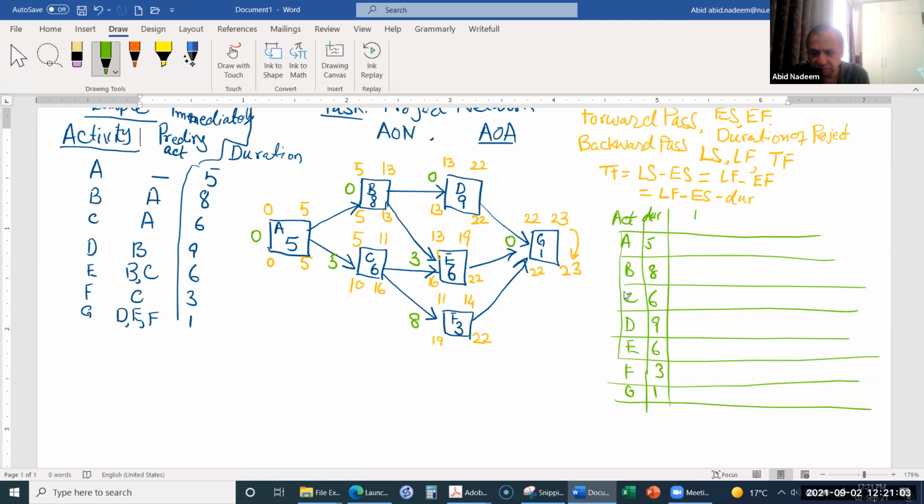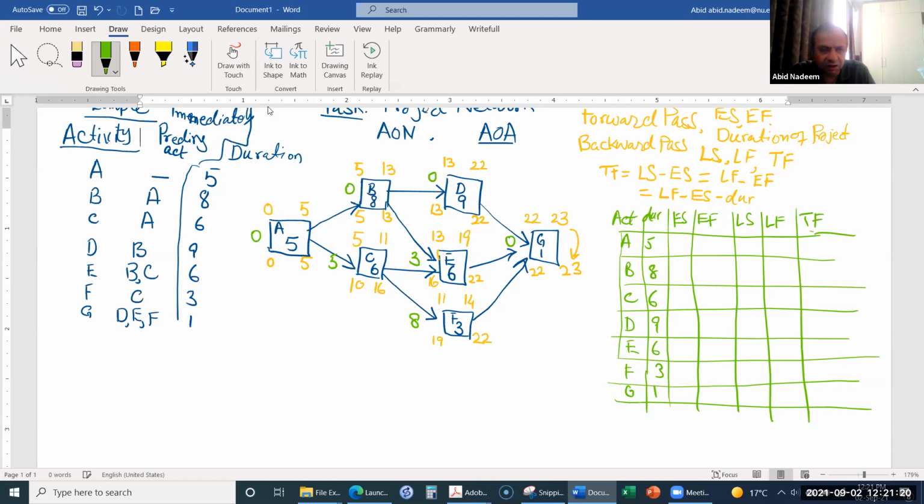And then some more columns. These columns are early start, early finish, late start, late finish, and the total float.